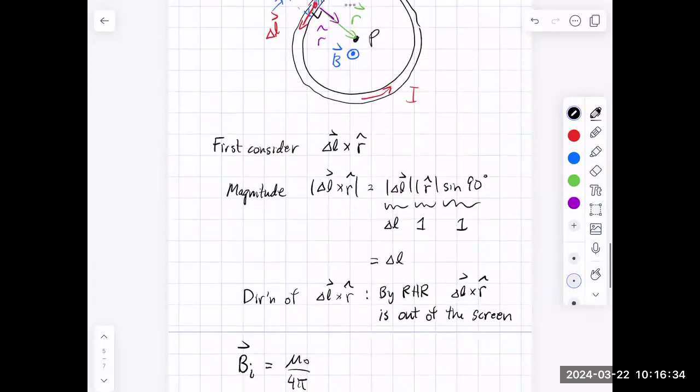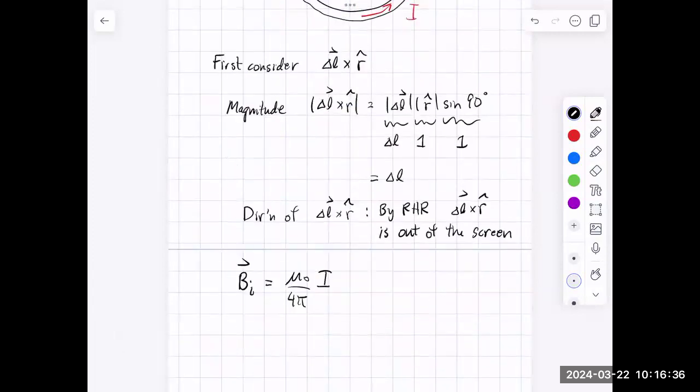We have a factor of the current. And then we said the magnitude of the cross product ends up just being delta L. And we still have an r squared in the bottom. And we have determined that this is out of the screen. So this is due only to the blue current segment.